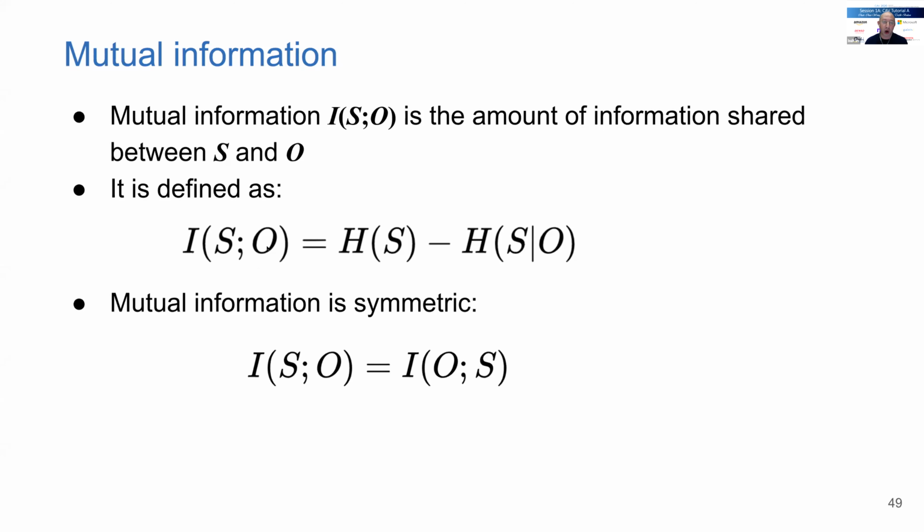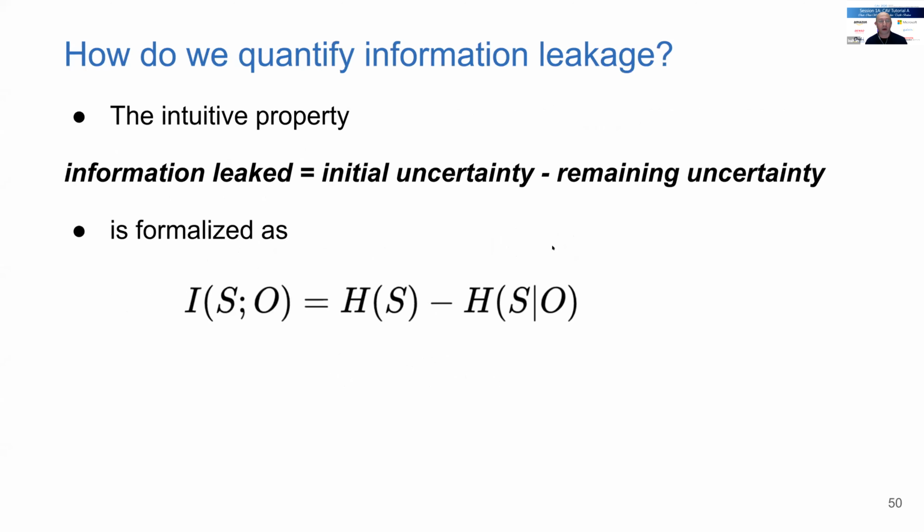And this O we call observable. In side channel analysis, it's not necessarily the output, right? It's the thing we can observe. And this tells you the information that's leaked from the observable about the secret, right? It gives you the difference between the initial uncertainty about the secret and the remaining uncertainty about the secret after you made the observation. And that exactly corresponds to the intuitive concept of information leaked as initial uncertainty minus remaining uncertainty.